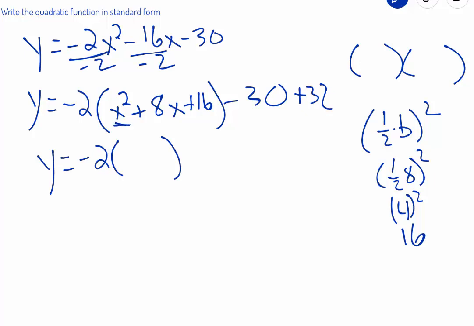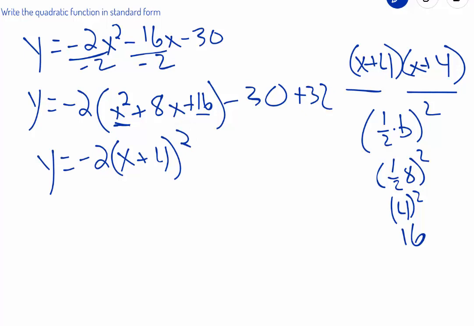For us, that x squared tells us it's going to be an x times an x. The factors of 16 that add to get 8 are going to be 4s. And everything is positive, so everything's positive in our binomials. So we really just get x plus 4 times x plus 4. So we just compile that into one factor and square it.